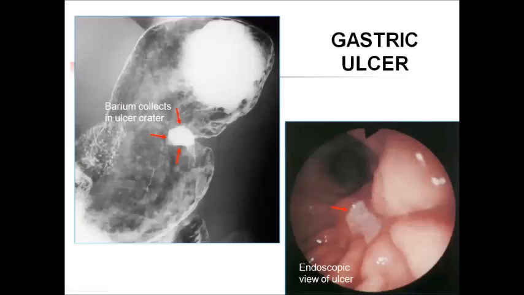Here is benign gastric ulcer, and as we have said for esophageal pathology, combination of endoscopic techniques and X-ray studies is very useful, and a direct sign of gastric ulcer is crater filled with barium sulfate.